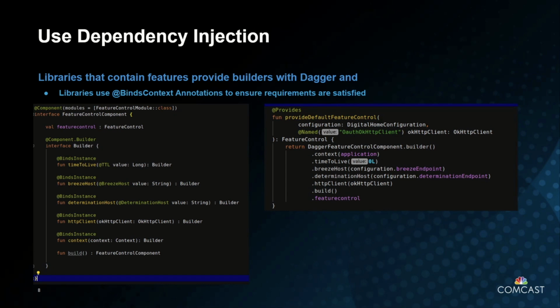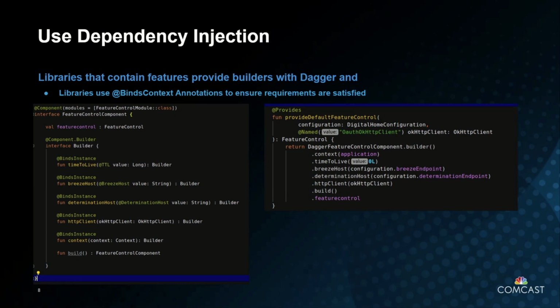And throughout our entire Dagger graph, any other long value that gets annotated with that TTL, this is just a random example of a time to live value being set to 0 in the app, will get that value assigned to it. So if all throughout your Dagger graph you need that value injected into different things, using qualifiers throughout Dagger, it's just like the one qualifier you might be most familiar with is the named qualifier, but you're always able to write your own and assign those values all throughout your Dagger graphs. There's a huge amount of power in that.